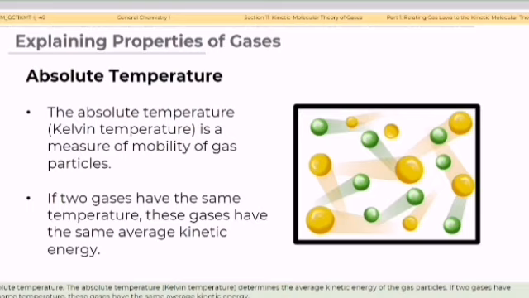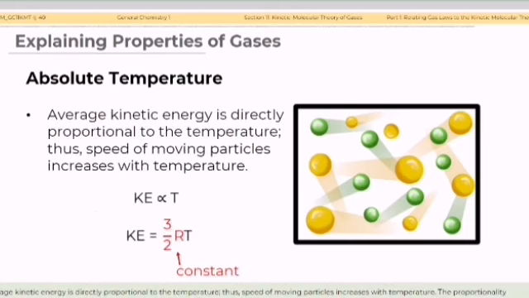Absolute temperature. The absolute temperature, or Kelvin temperature, determines the average kinetic energy of the gas particles. If two gases have the same temperature, these gases have the same average kinetic energy. Average kinetic energy is directly proportional to the temperature.